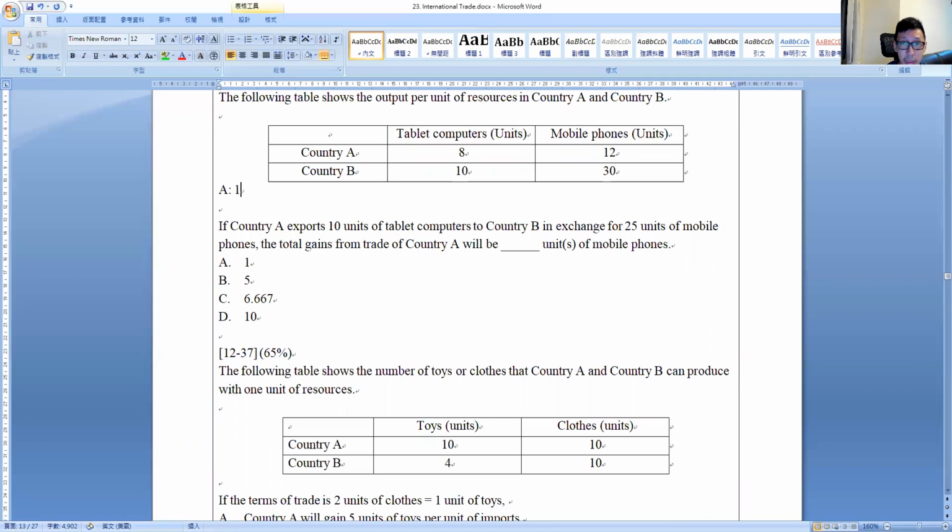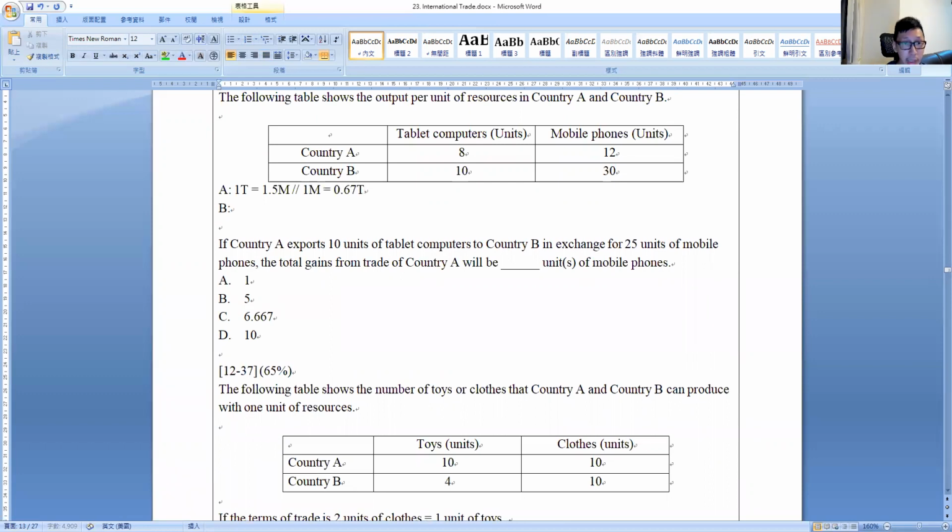Country A, 1T would equal 1.5 M, or 1 M would be 0.67 T. Now for country B, 1T would be 3 M, or 1 M would be 0.33 T. So we know country A would export tablet. Country B would export and focus on making mobile phones, right?